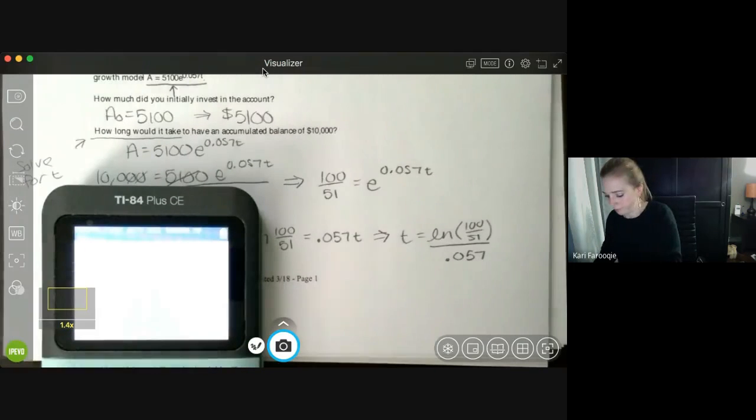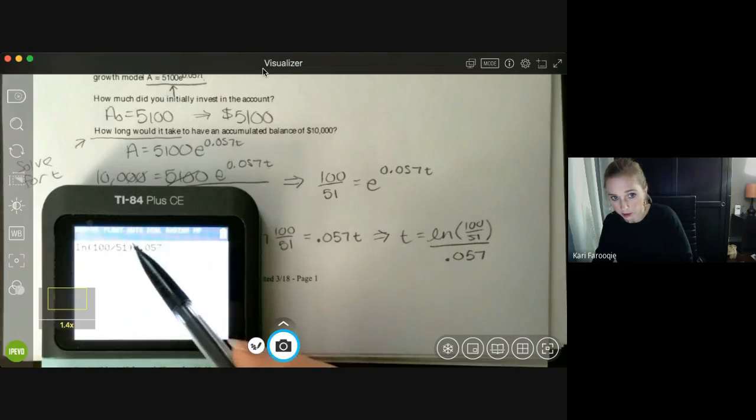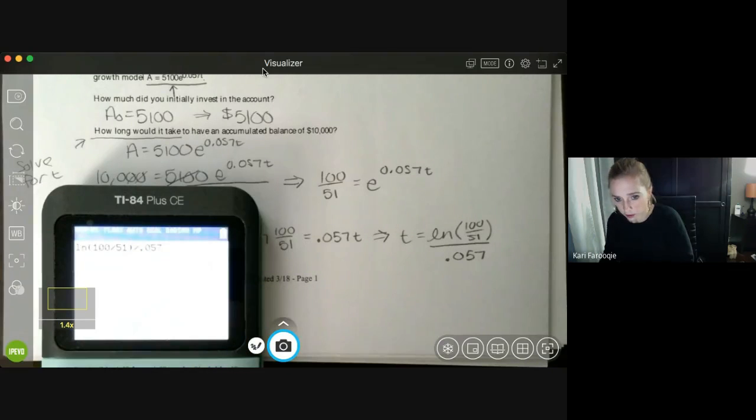The natural log of 100 over 51 divided by 0.057. Make sure that you close off your natural log. You need the second parenthesis in here before you divide. And I get approximately 11.8.